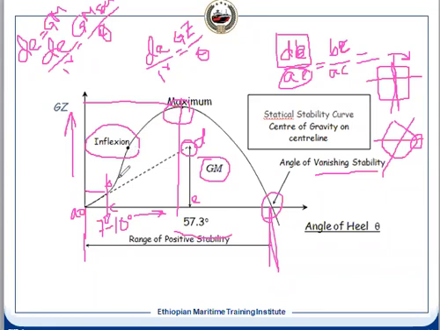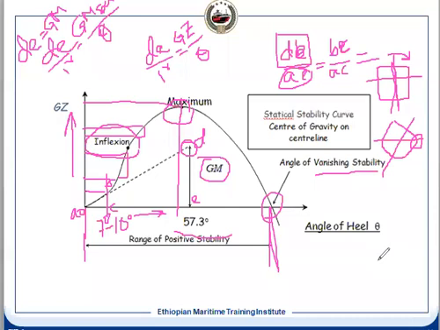If you see the same angle, suppose this is the angle we draw here, and the same angle here, for exactly the same angle difference, the change of GZ here was quite high, whereas here the rate of increase of GZ has reduced, though it is also increasing up to the maximum value. After that, that is called the inflection point. At this point, the GZ will still increase, but the rate of increase will reduce.